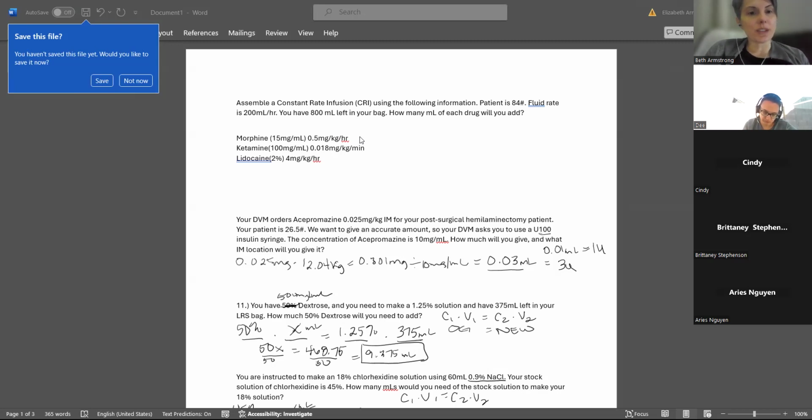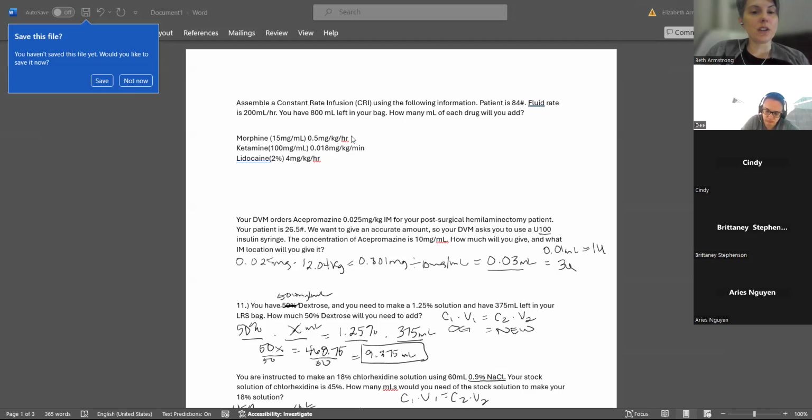A lot of times we put them in bags of fluids, and sometimes we just put them by themselves or create a bag. I'm going to show you at least this problem to start. We have a patient that's 84 pounds. Their fluid rate is 200 mils per hour, and they have 800 mils left in their bag. How many mils will you add of each drug to that bag?